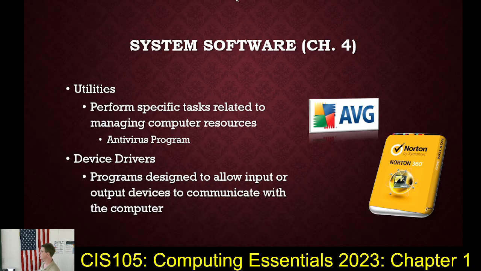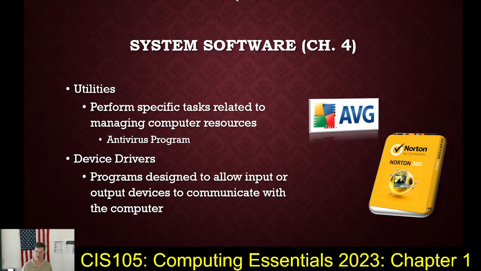Device drivers. A lot of people don't think about device drivers because when you plug something into your computer, you expect it to work. Now, I've had issues with device drivers many times, where I get something that's really old and I'm plugging it into a new computer, and it's like, how come it's not recognizing this?